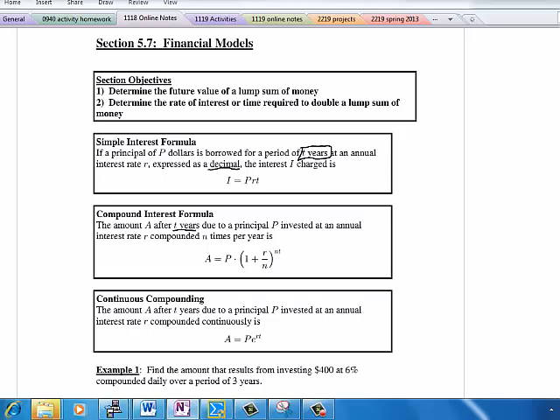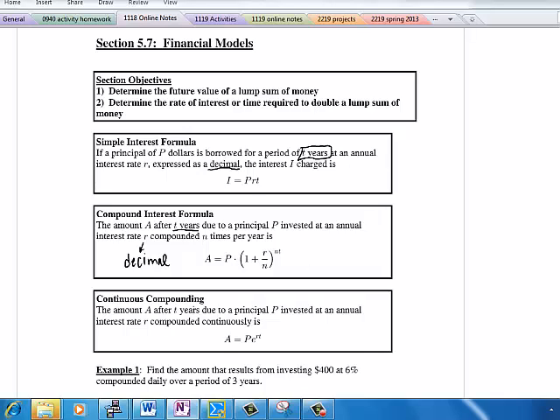Again, the time has to be in years, and R is a decimal. Instead of the interest, what we have here is the account balance after a certain amount of time for a given investment.